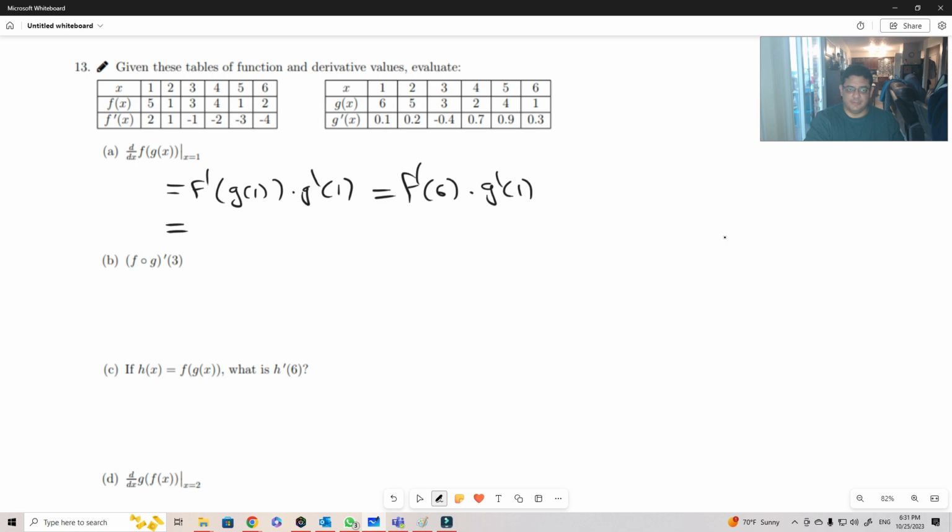F prime in that scenario is minus 4. And now g prime of 1, I step on 1, and what is g prime? 0.1. And that's it. So I multiply here, and this will be minus 0.4.